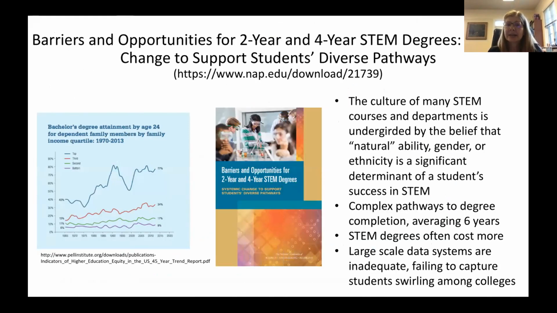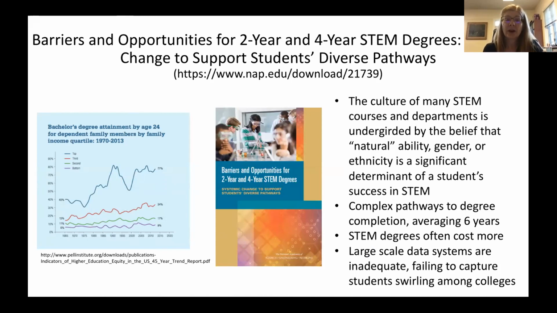The National Academy's report on barriers and opportunities to 2- and 4-year degrees unpacks this challenge. And now I'm shifting from a prospective analysis to how we got to where we are and why attending to this broad demographic is a compelling challenge.